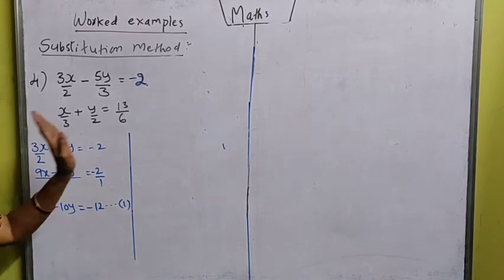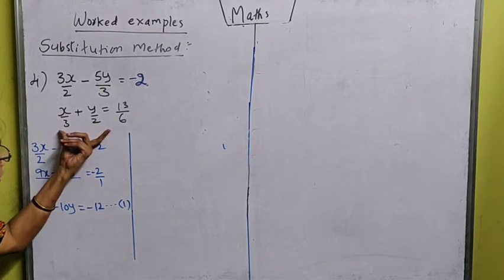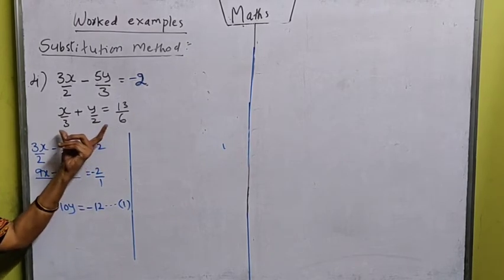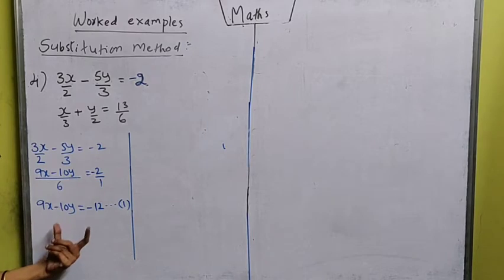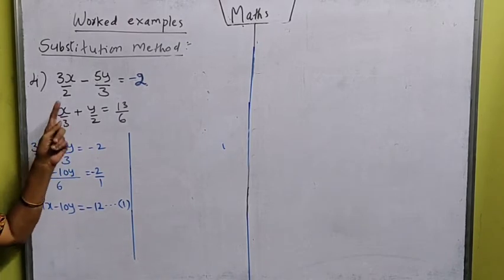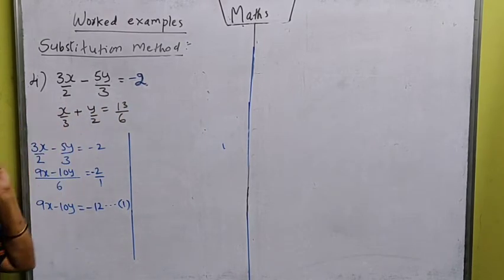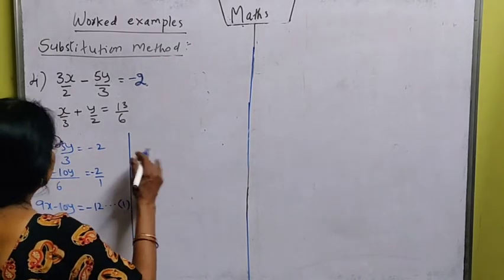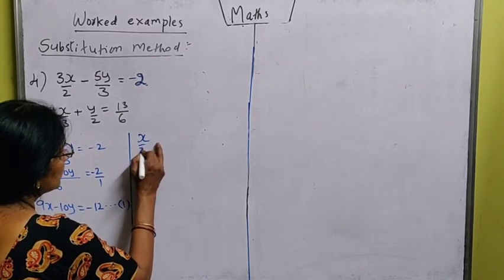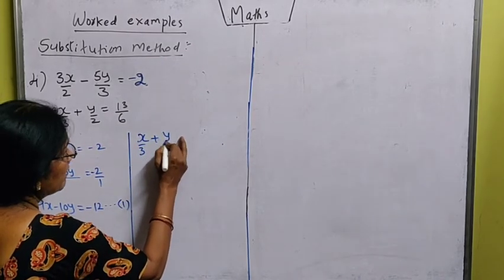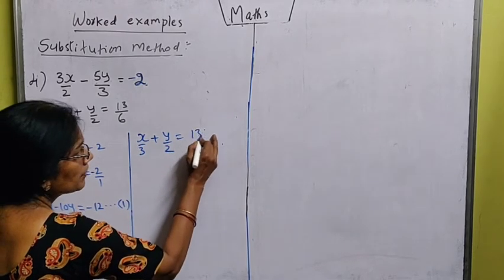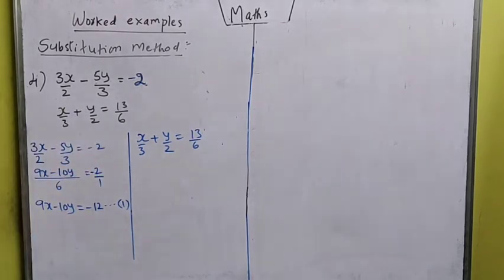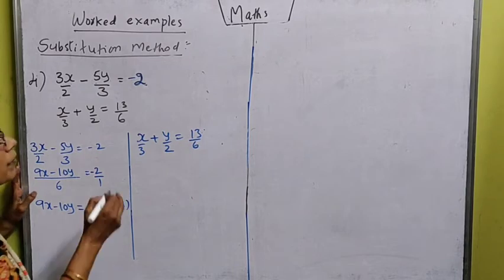Now let us take the second one. Here also denominators are there, so we have to convert it into a2x + b2y = c2. The equation is x/3 + y/2 = 13/6. What shall we do here?